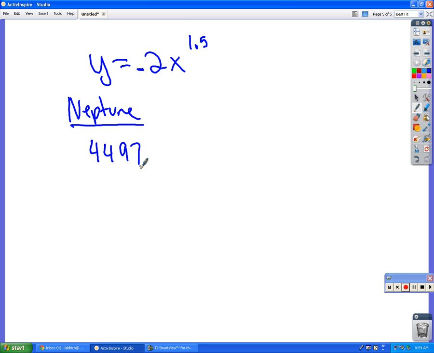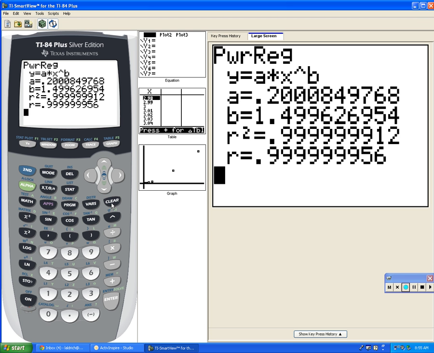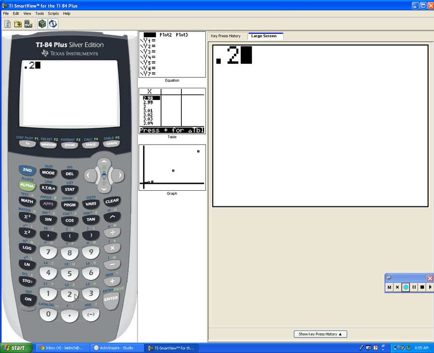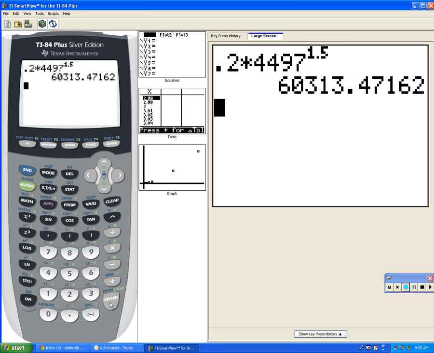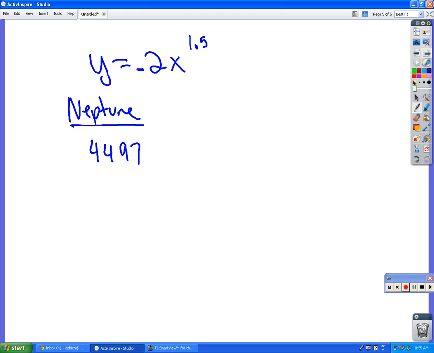So if we go 0.2 times 4497, and then just use your little exponent button for the 1.5, that gives you what you would predict the orbit of that planet to be. Okay? So, mostly the same stuff we did in the last section, just with a different type of function.